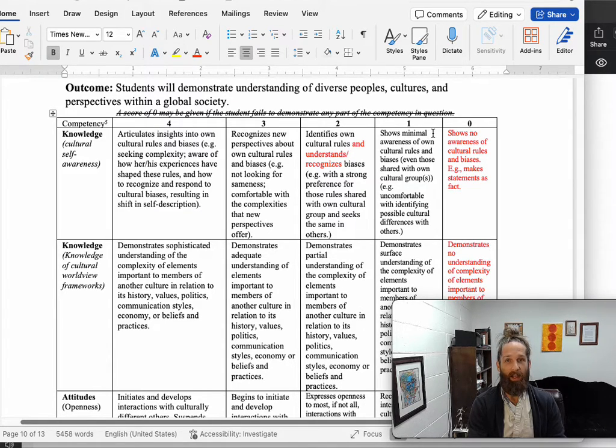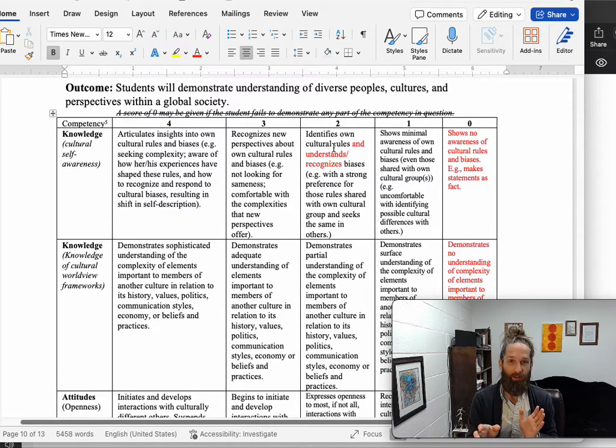So at first you might ask them to reflect on their values, and if they can make a link to the cultural context of the values that they have, you've already got them showing minimal awareness, and you can look at the graded steps and where you go from there. Can they recognize biases, not even accept them or critique them, but just recognize biases? Are there any biases that other people have? Are there any biases that you have?